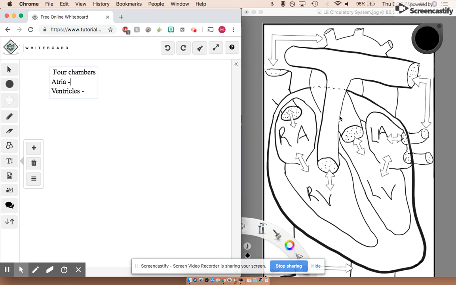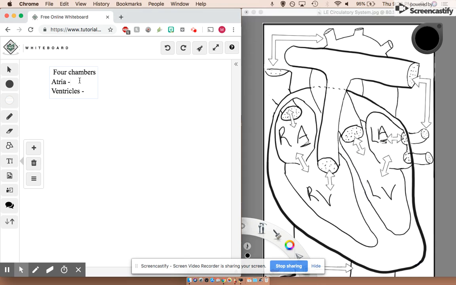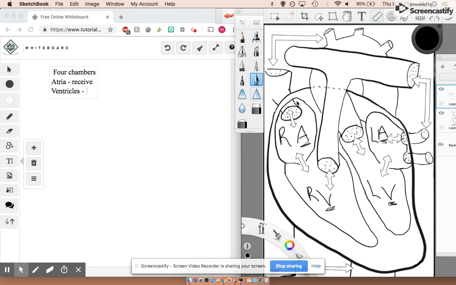A word that we're going to use here is receive. Whenever we see this word, atrium, we're going to be thinking about the word receive. Atrium receives blood. Okay, so the atria receive blood. The ventricles, on the other hand, if you check this out, the ventricles down here, you don't have to color this in right now. I just want you to see it.